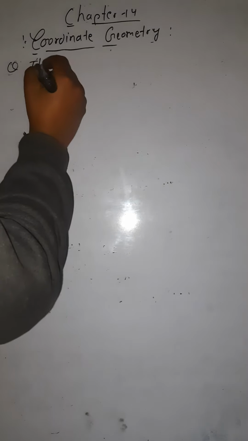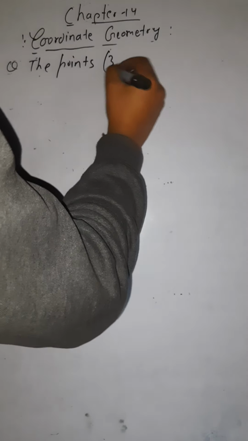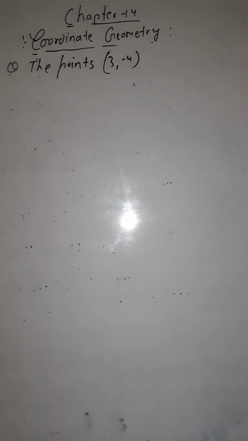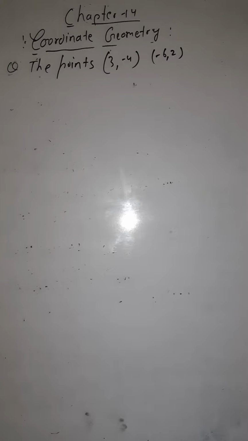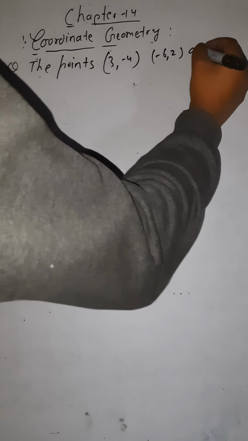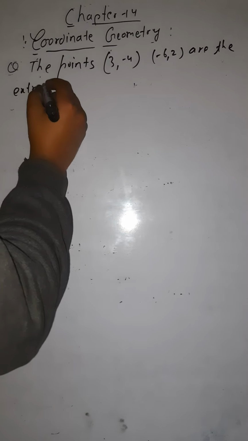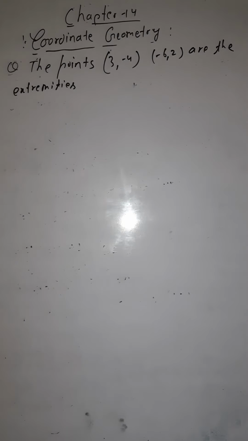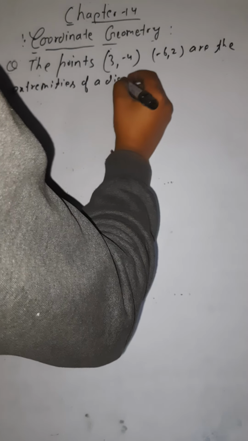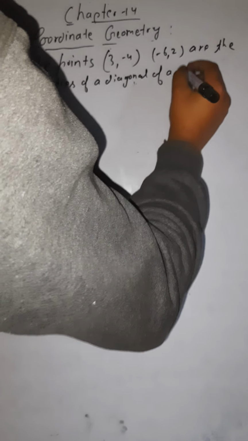Write down the question. The points (3, minus 4), (6, minus 6), (2) are the extremities of a diagonal of a parallelogram.